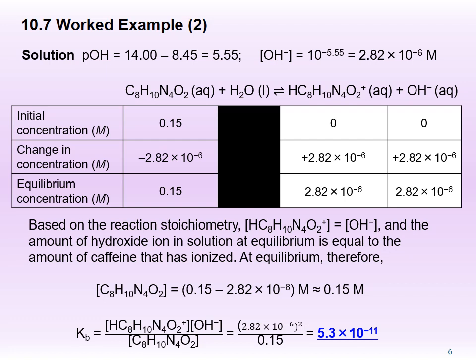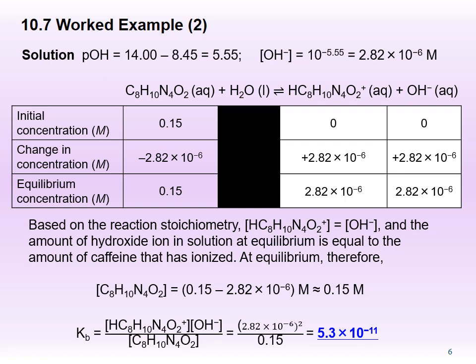Hence, the change in concentration C for caffeine is minus x molar, while the change in concentration for protonated caffeine ion is plus x molar, and that of hydroxide ion is plus x molar too. To get the equilibrium concentrations, we add the entries of I and C. So the equilibrium concentrations of caffeine, protonated caffeine ion, and hydroxide ion are 0.15 minus x, x, and x respectively.